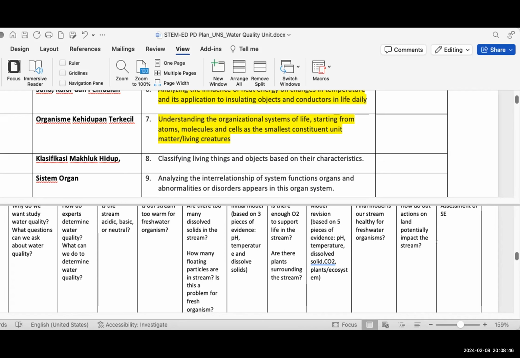Sometimes teachers do not want to, or probably do not understand that we have to bring the students to see the real phenomena.